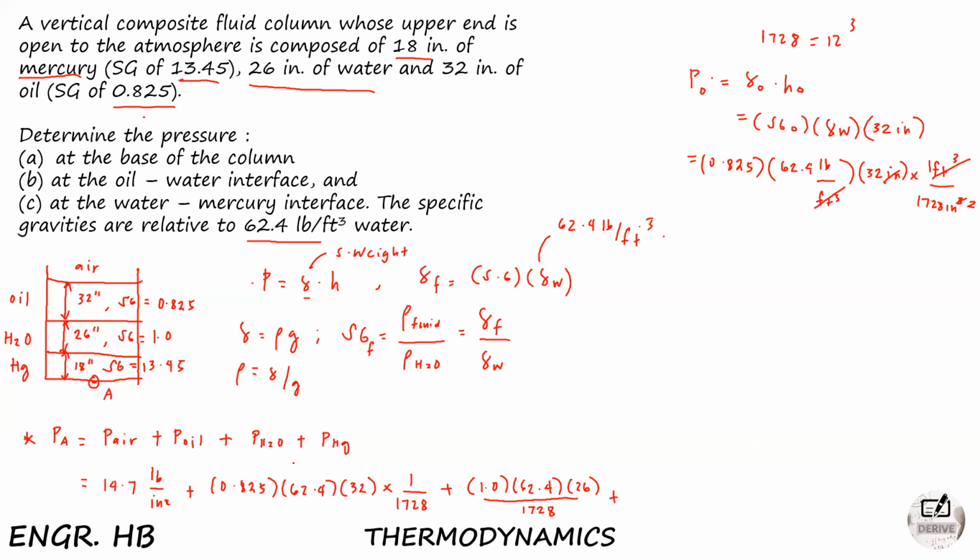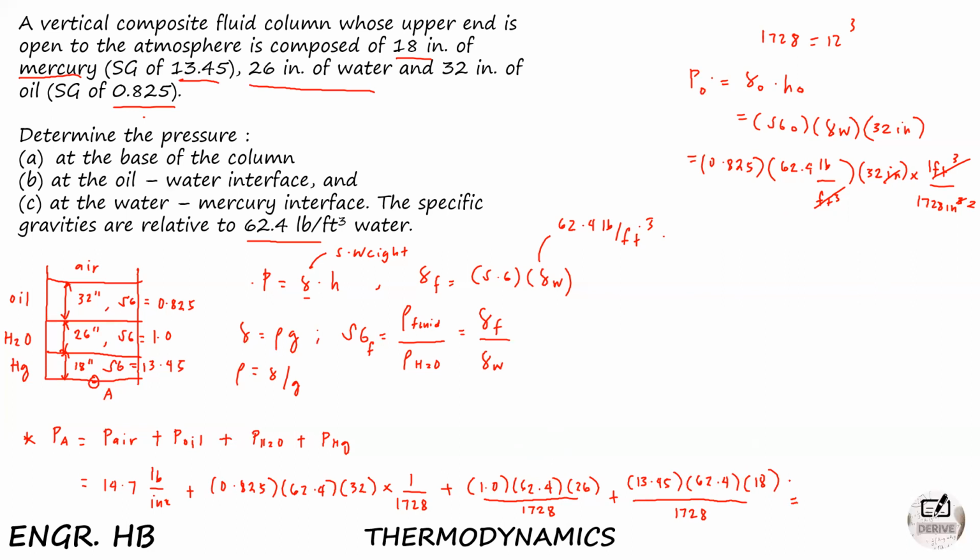Plus, again, ang SG niya is 13.45 for the mercury, 62.4 again, kasi sundan lang natin yung pattern. Kaya ko ginawa yung solo rito para hindi na tayo mag-isa-isang conversion dito. And the height of the mercury is 18 inches, divided by 1728. Ayan, makukuha na natin yung answer.